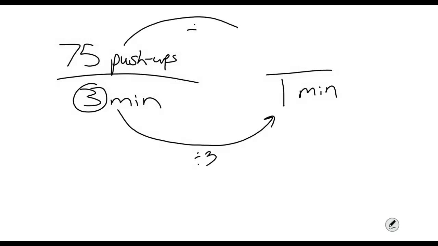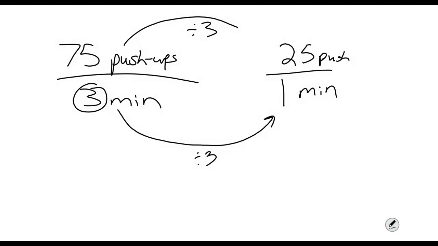Divide by 3. How many push-ups can we do per minute? What is the unit rate? You're taking 75 divided by 3. What do you get, Alistair? 25 push-ups per 1 minute.